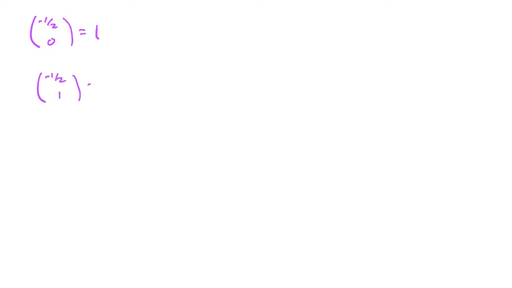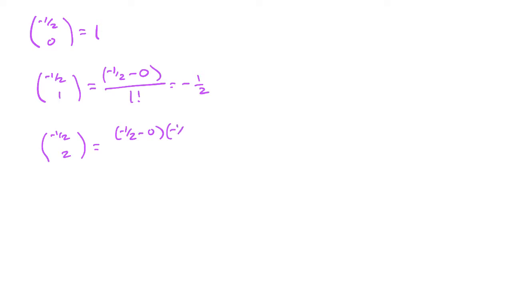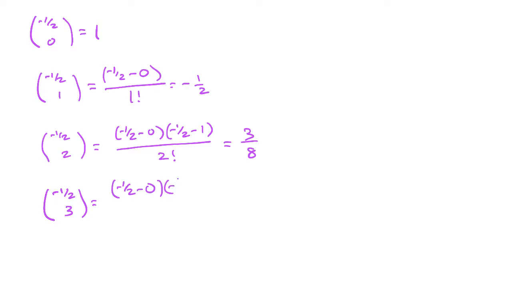Negative 1/2 choose 1 is negative 1/2 minus 0 over 1 factorial, or just negative 1/2. Negative 1/2 choose 2 is negative 1/2 minus 0 times negative 1/2 minus 1, all over 2 factorial, which simplifies to 3/8. Negative 1/2 choose 3 is negative 1/2 minus 0 times negative 1/2 minus 1 times negative 1/2 minus 2, all divided by 3 factorial, which simplifies to negative 5 over 16.